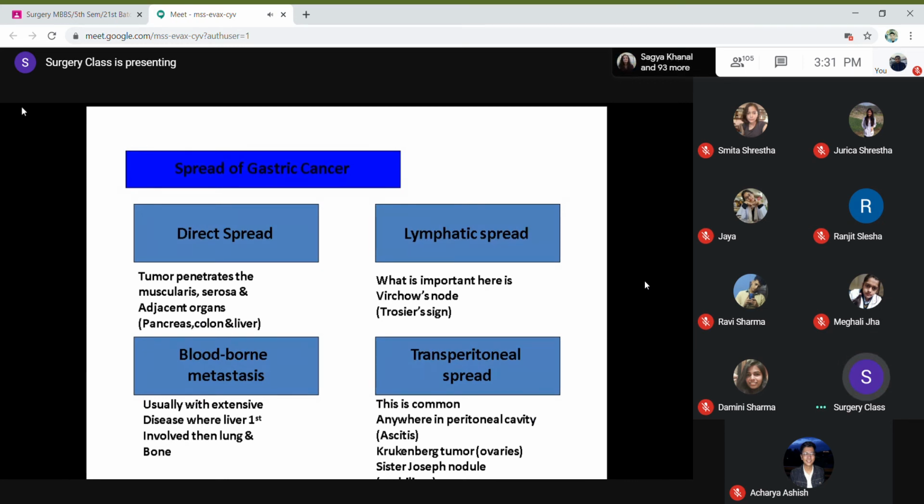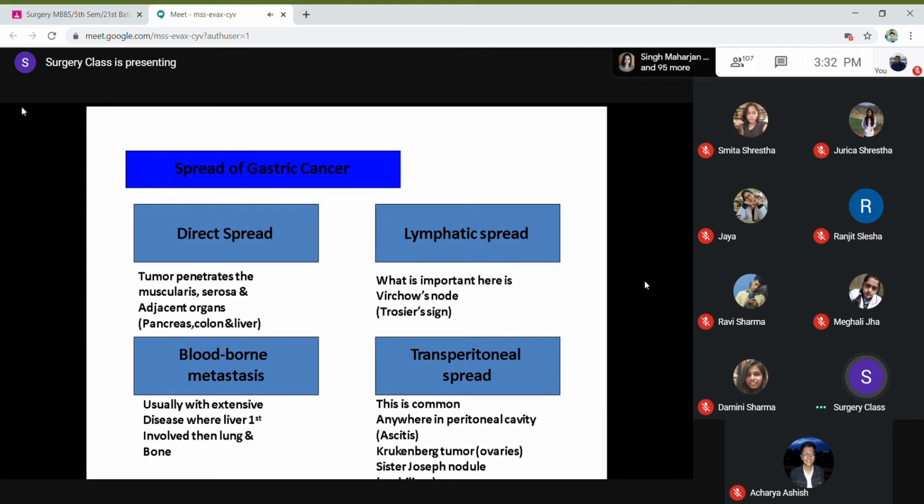D1 resection means you remove perigastric nodes, and D2 resection means you remove the nodes along the named vessels. I have shown you already: the left gastric, the splenic, the common hepatic, and behind the hepatic there will be the portal vein, the common bile duct, the proximal splenic, the distal splenic, and various other groups of lymph nodes.